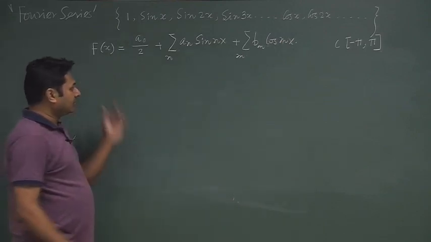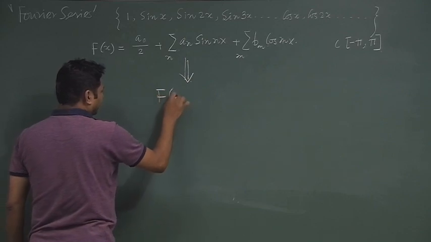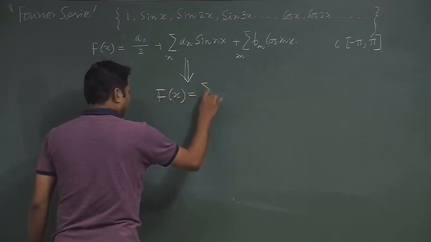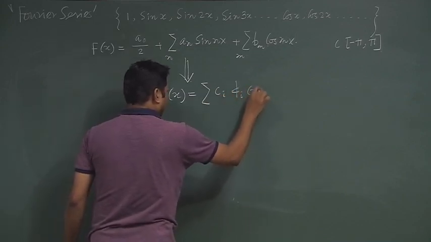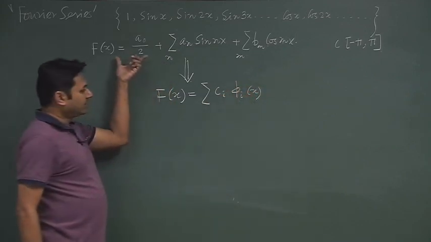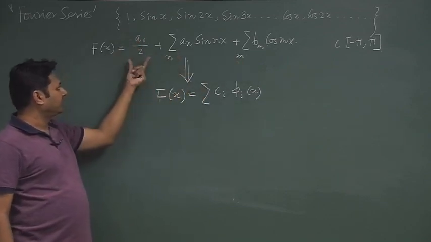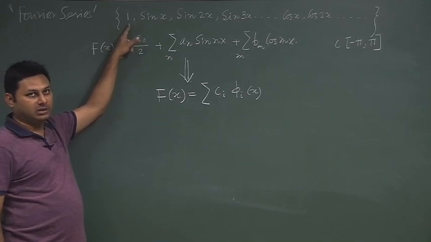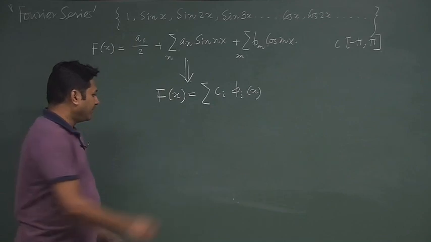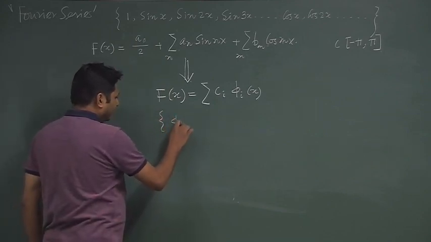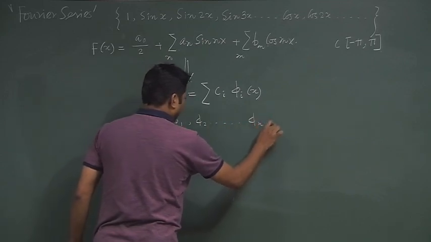If you consider f x, this is the same thing by writing this quantity, but splitting it into 3 parts. The first part is associated with the function which is 1. In this case, my functions were given as phi 1, phi 2, phi n, and so on.